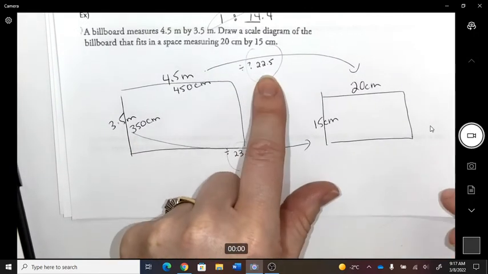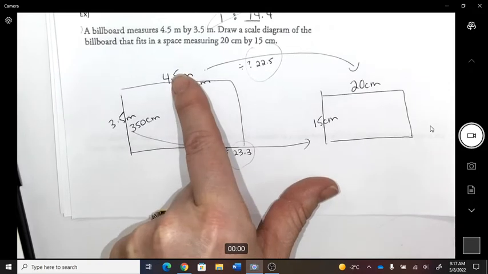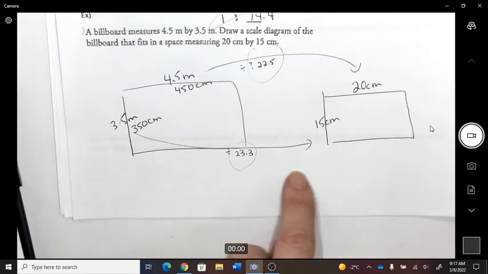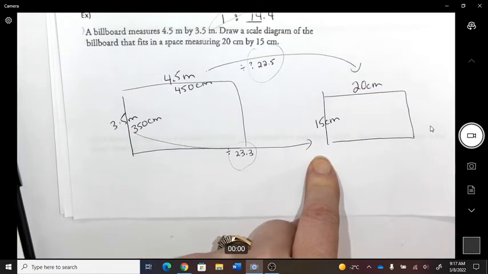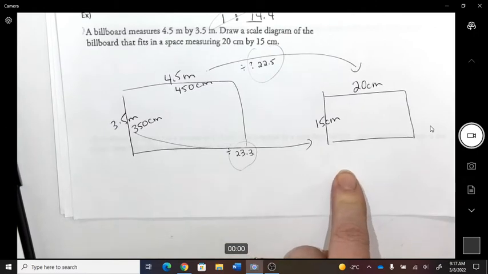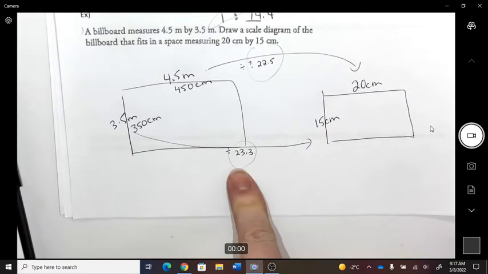Okay, because if you pick 22.5, this would fit on the page, but this one wouldn't fit on the page. You wouldn't shrink it enough. Okay, so what do you want to pick, 24 or 25? Doesn't matter. Should we just pick 25 because it's just a nice number?